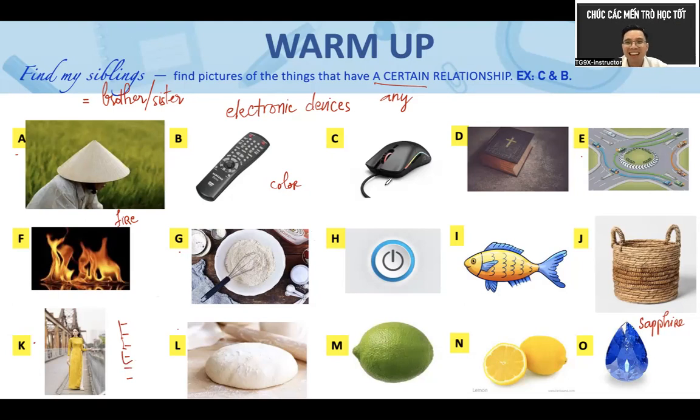I have not tried. No ideas? Yeah, no idea. Hey, don't worry. Anh Tùng, do you have any ideas? Can you suggest? Let me think. Please. I think F and I. F and I, the right and fire.